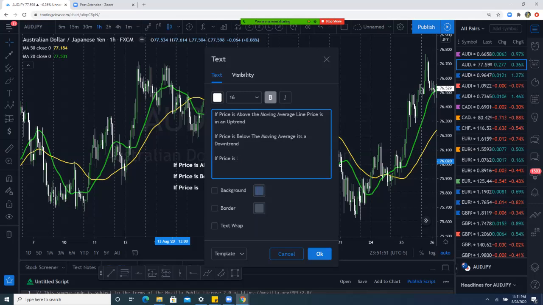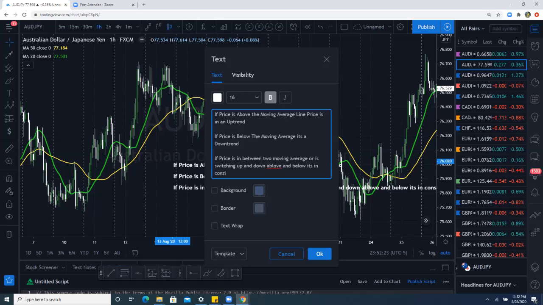If price is in between two moving averages, or is switching up and down, being indecisive, above and below, it's in consolidation.